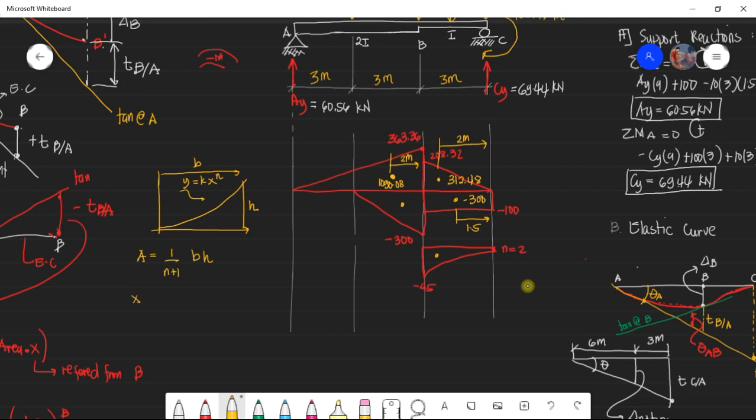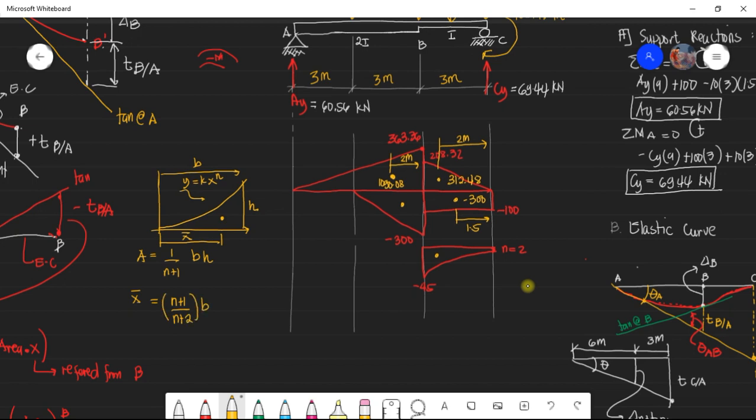And then, ang x bar, referred from dito, bar x is n plus 1 over n plus 2 times b.